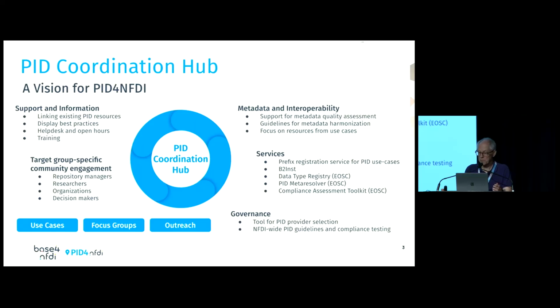So the vision for the hub is to make PID adoption consistent, community-driven, and sustainable. In practice, this means different things for different groups, so repository managers, data stewards, et cetera, will each hopefully be able to get different things from the hub.